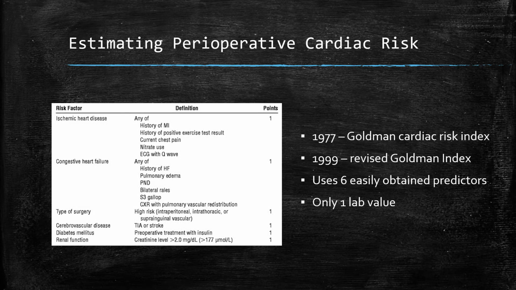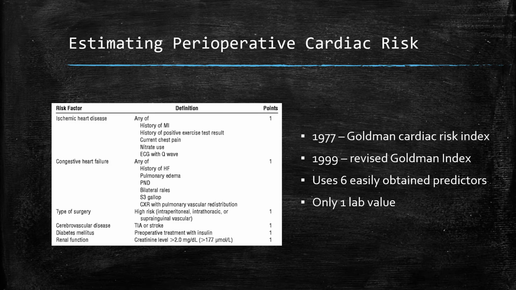After doing a basic cardiac history and physical exam, estimating perioperative cardiac risk is very straightforward using the revised Goldman Cardiac Risk Index shown here. There's 4 clinical criteria that should be easily obtained by your history and physical. These include the presence or history of ischemic heart disease, congestive heart failure, insulin-dependent diabetes, or TIA or stroke.